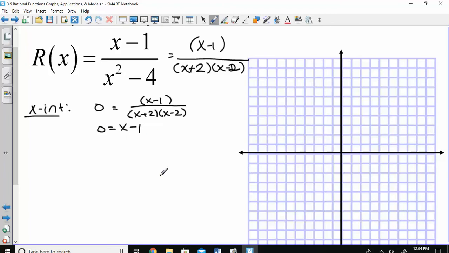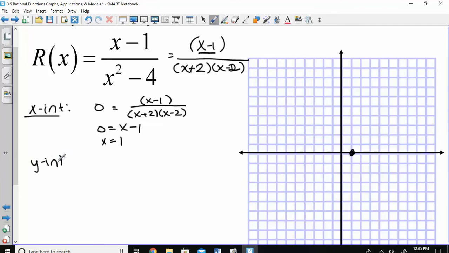So when a fraction equals 0, if y is 0, that really just means the top of this fraction equals 0. So you can either just work the whole thing out, or the x-intercept is just going to be what makes the top equal 0. And that would be 1. So you can plot that on your graph. We hit the x-axis at positive 1.